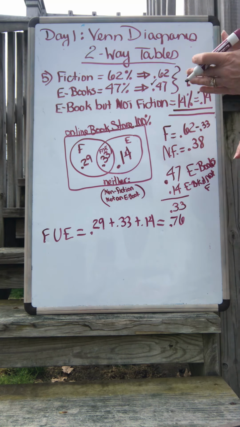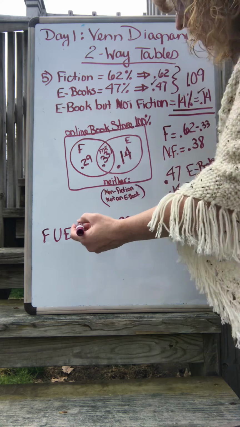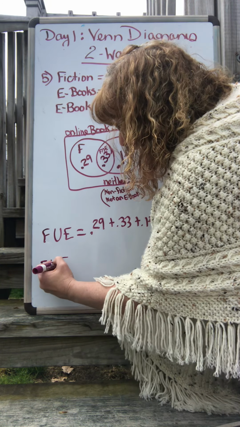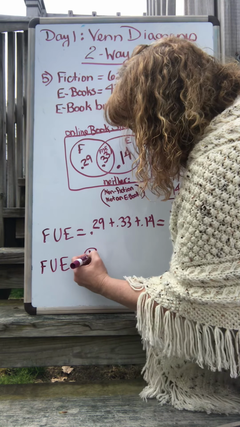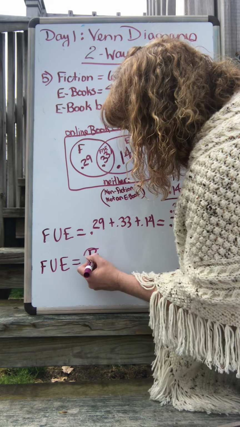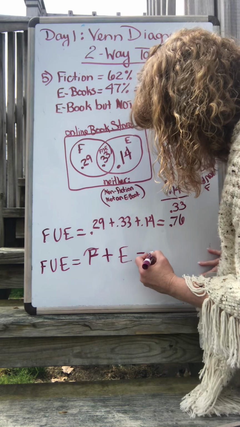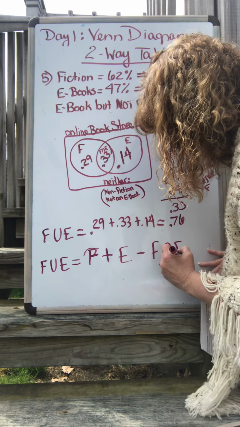Now, if we do it from the numbers that they gave us, using the formula, fiction or an ebook would be fiction by itself plus the ebook by itself minus fiction and the ebook.